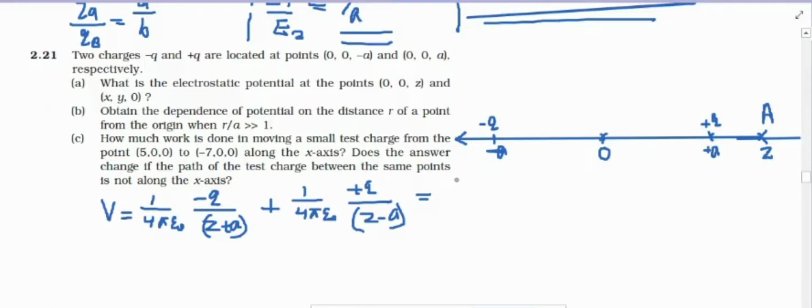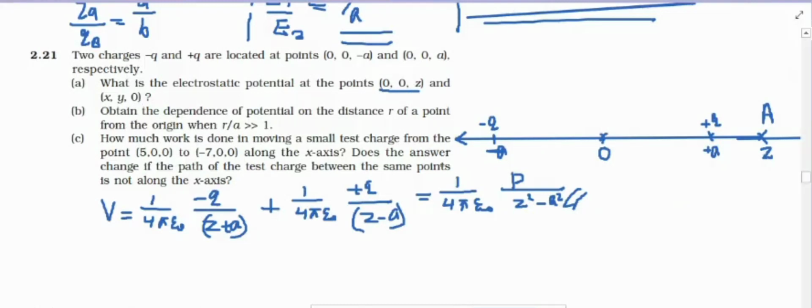That 2AQ you substitute as the dipole moment P. So you will get the final answer: 1 by 4 pi epsilon naught P divided by Z square minus A square. That is only the part for the electric potential at 0, 0, Z. Then next, at the point x, y, 0.